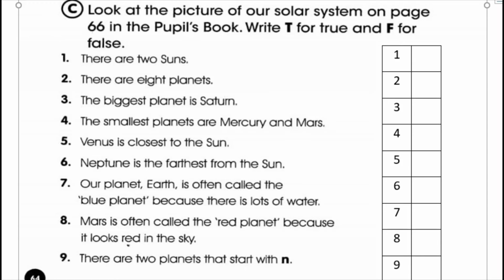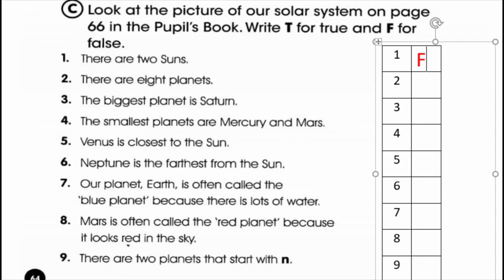Write T for true and F for false. It says look at page 66, which we explained and talked about before, and answer these questions with T or F, true or false. Okay. Number 1. There are two suns. Of course, false.